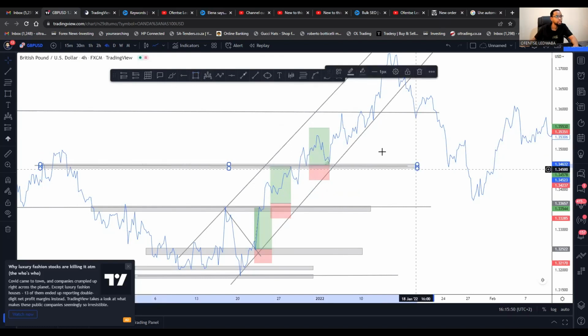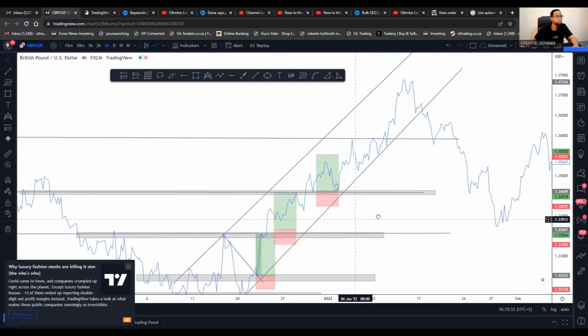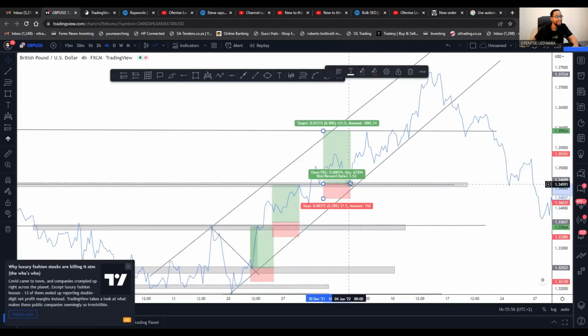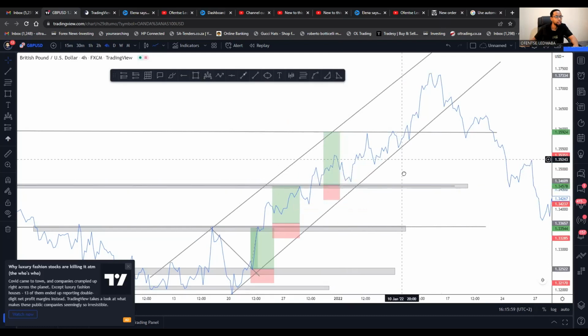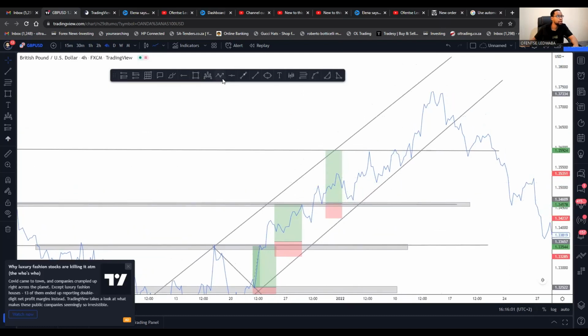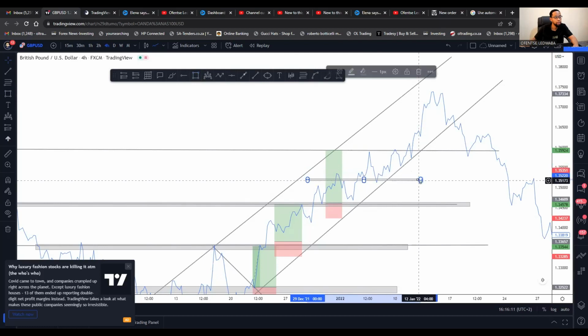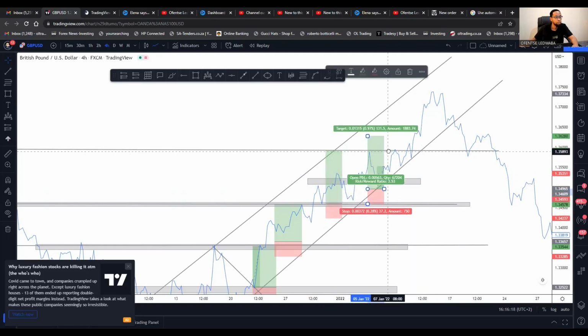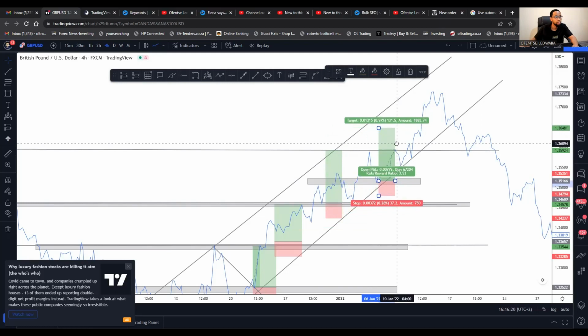So the areas of sensitivity, guys, I expect and advise you to wait for a retest. A retest gives you the best sniper entries. And another one would be around this area. So here, we'll buy here.